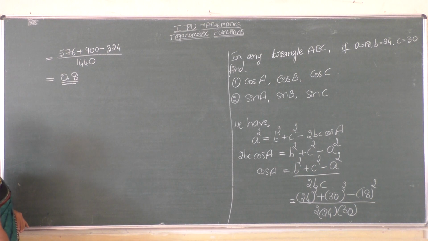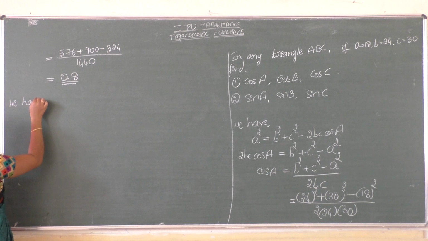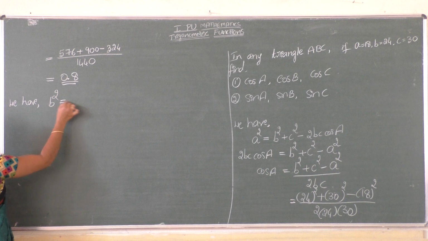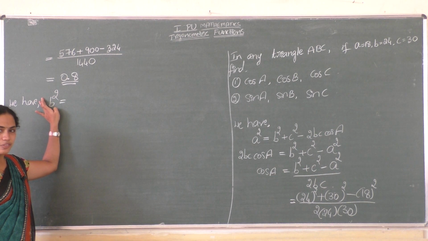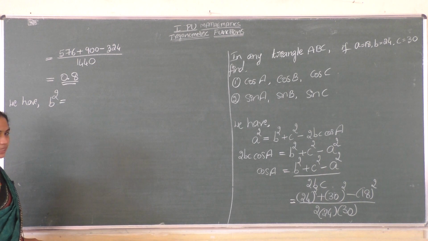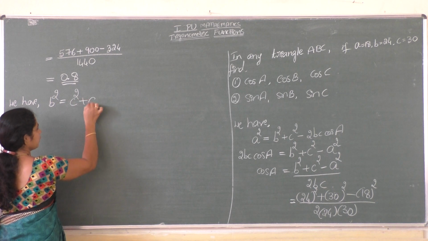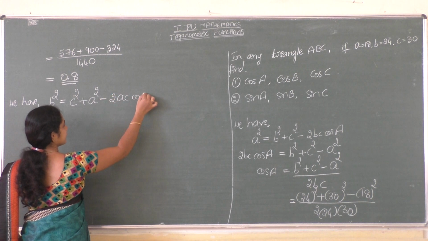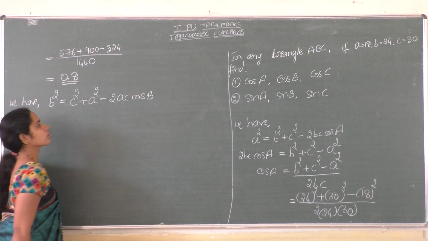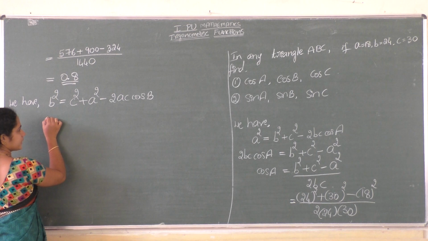Next we need to find out cos B. What is the formula we have? For cos B, we need to take the second formula, that is b square equal to c square plus a square minus 2ac into cos B. We need cos B, right?